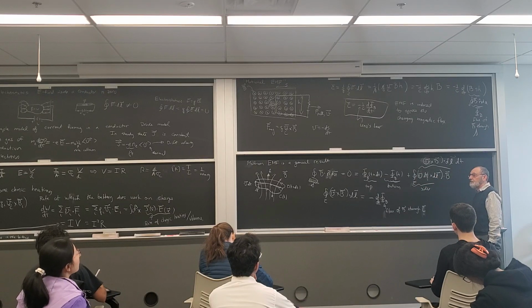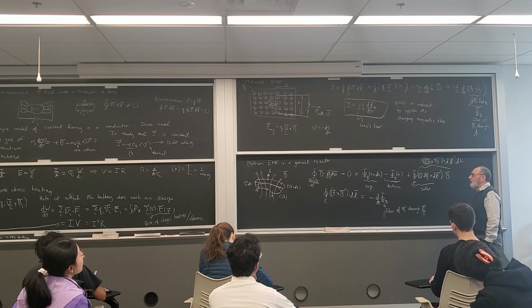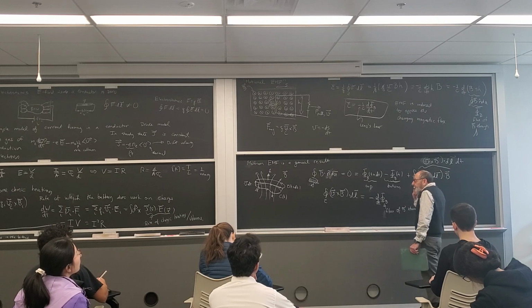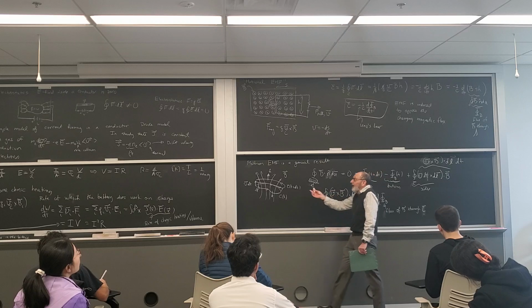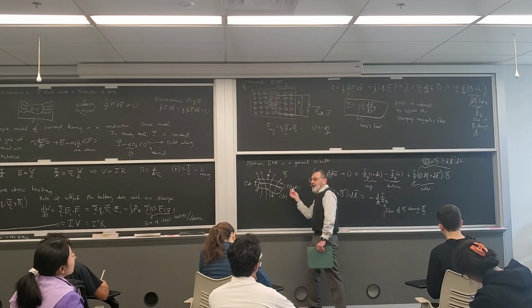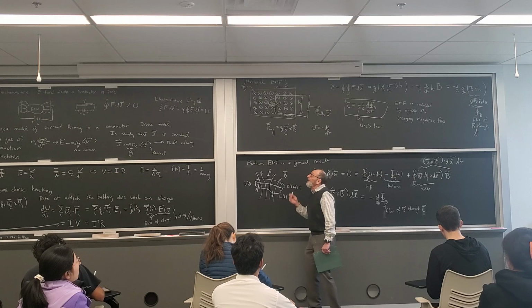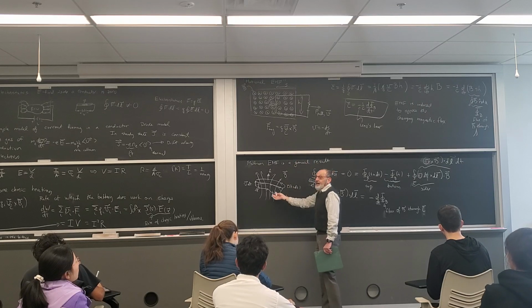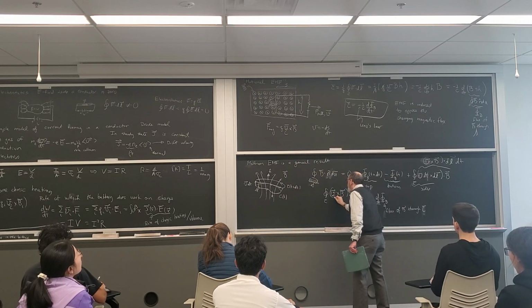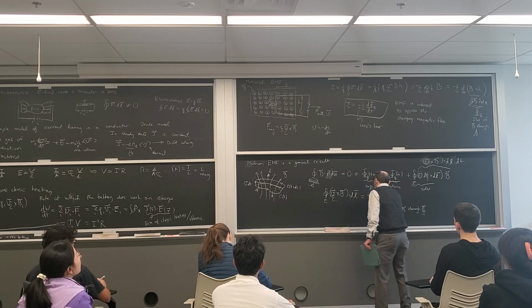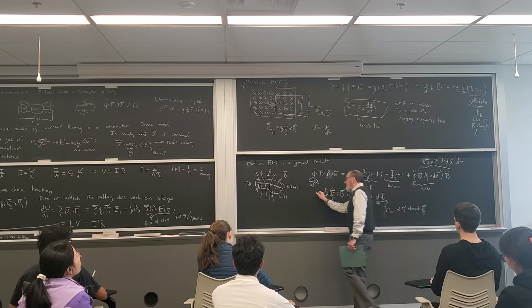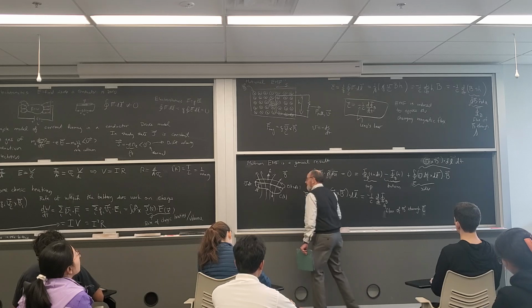Yeah? And this is related to the EMF through capital phi? Well, the EMF is coming from the Lorentz force. That's how we showed it here, but here we see that exactly. And in fact, if I write this as like that, then this is the EMF.